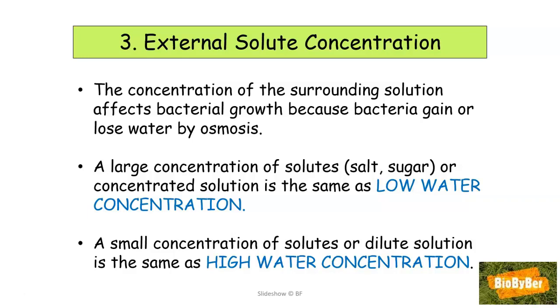Now, the concentration of the surrounding solution in which the bacteria are to be found affects bacterial growth, because depending upon the concentration of such a solution, the bacteria will either gain or they will lose water by osmosis. And such a gain or a loss affects enzyme activity and thus affects bacterial growth.